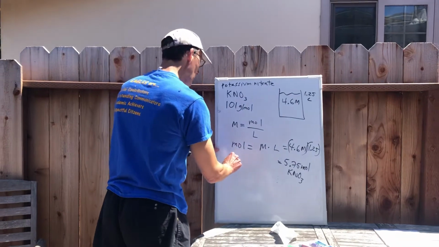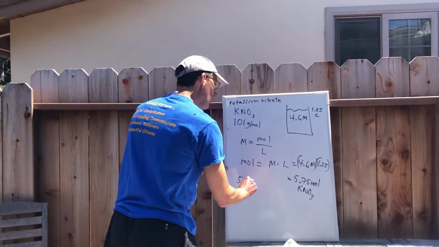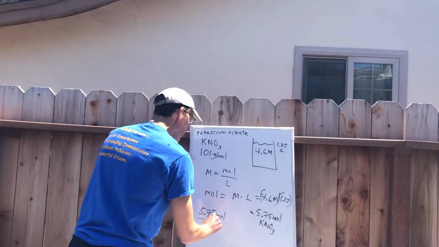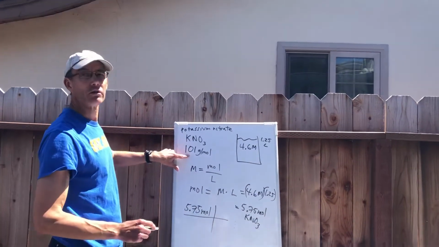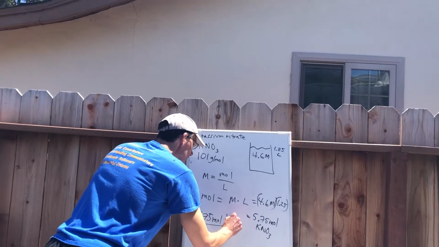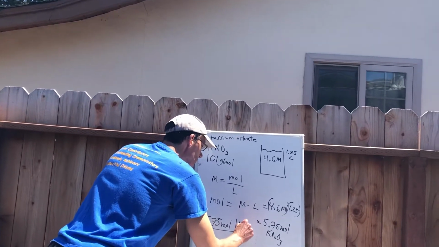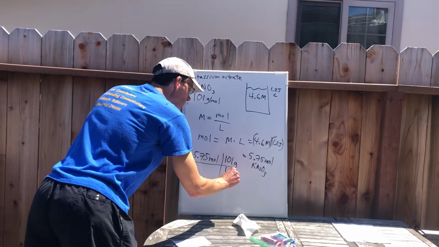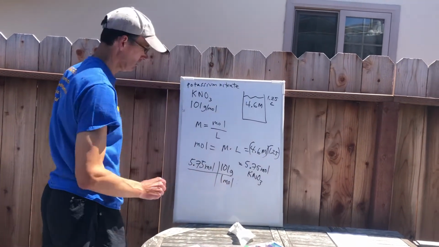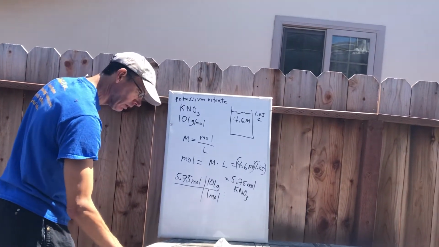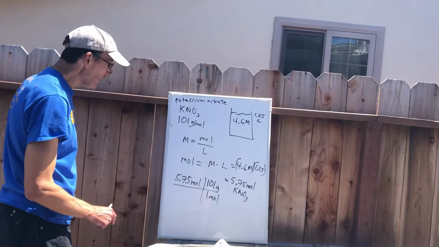So we have 5.75 moles, and it's 101 grams per mole. Take your calculator. 5.75 times 101.